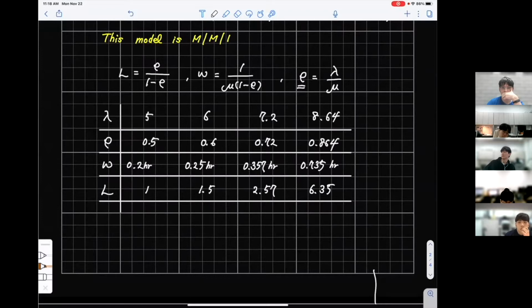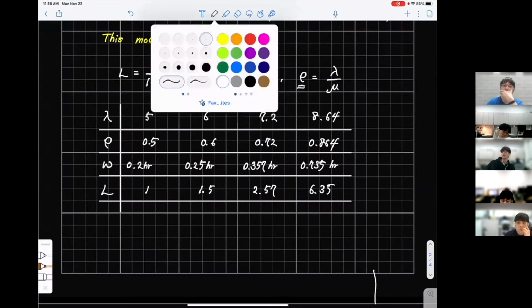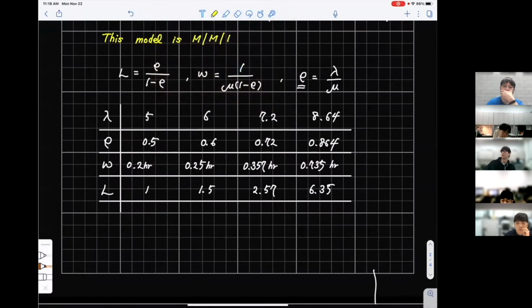We do not need to explain more about this, but we have to see what happens when lambda is 10. If lambda is 10, the utilization becomes 1.